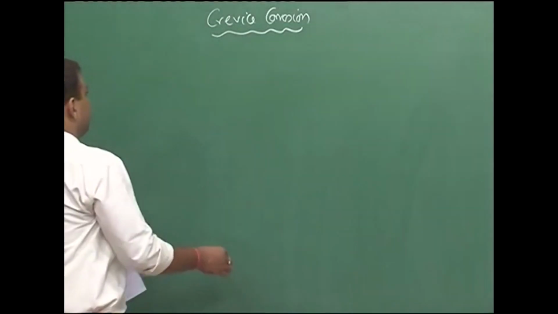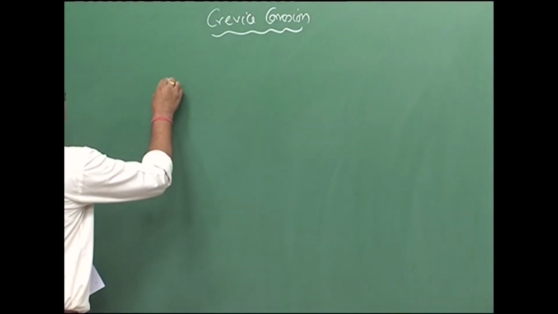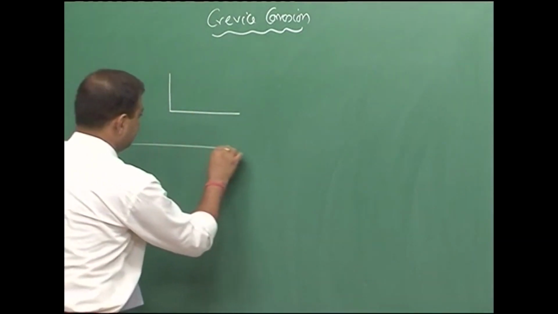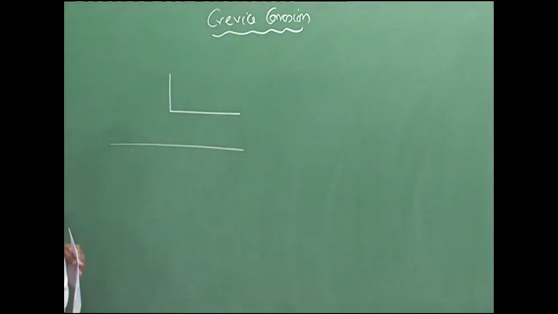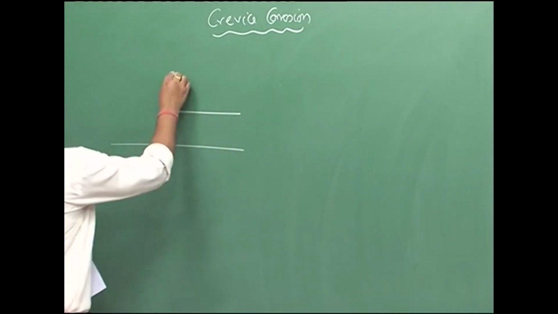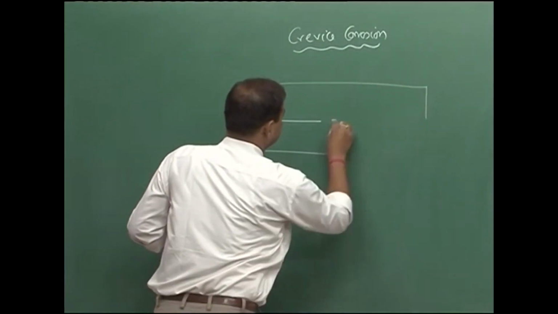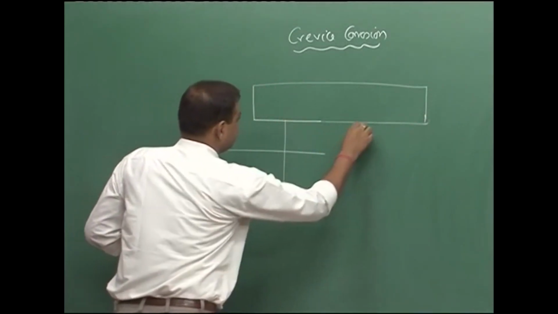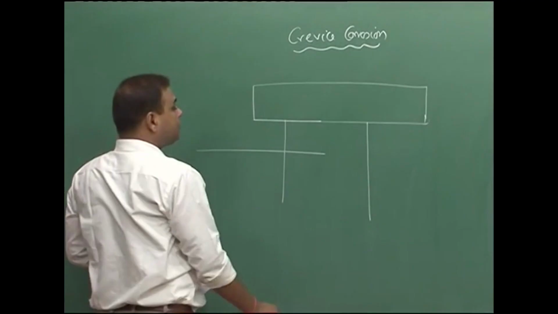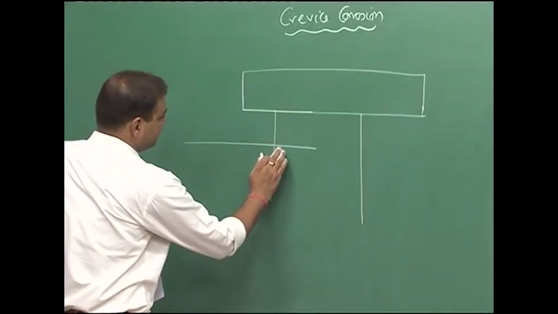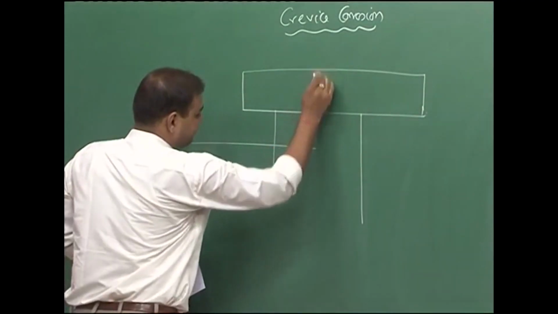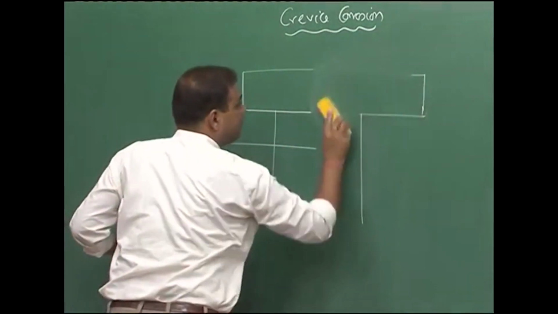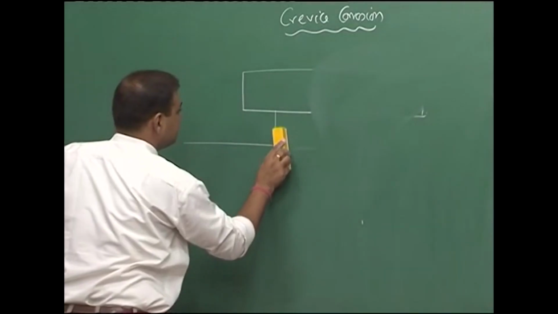Let us say I have a bolt. When you use a bolt, this is basically my bolt surface, the top part of the bolt. Now, let us consider only the half part of it, I will not consider the whole part, the half part let me draw.